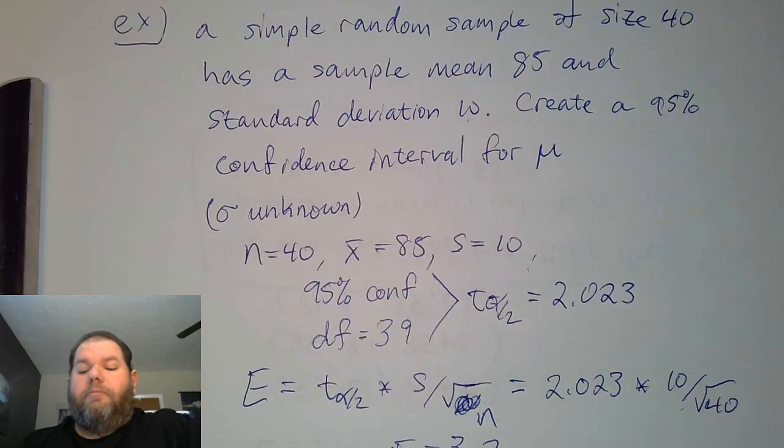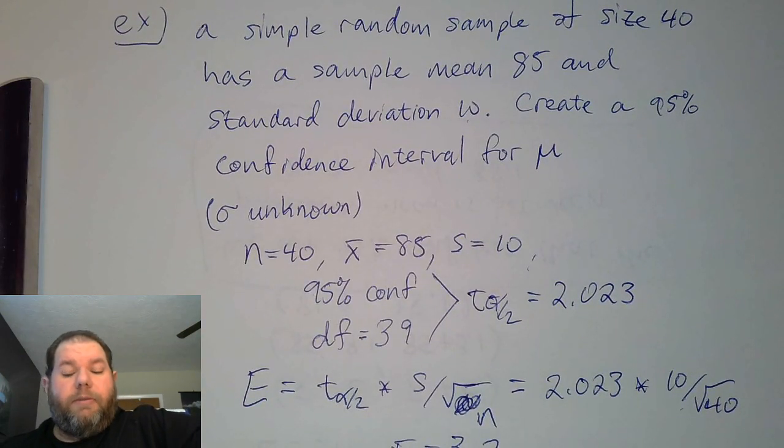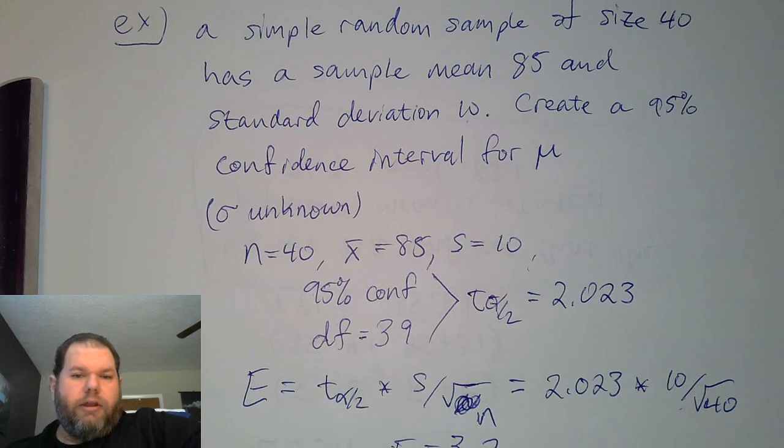And this time, same level of confidence, but now knowing that we have a sample standard deviation instead of a population one, we got a higher error value, 3.2. Not a lot higher, but higher nonetheless.